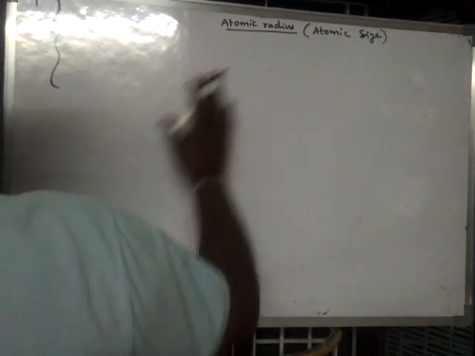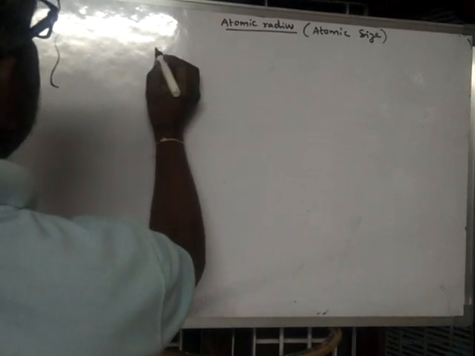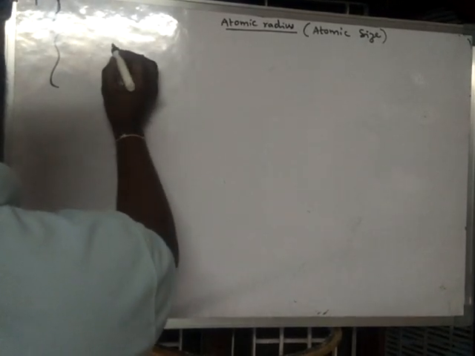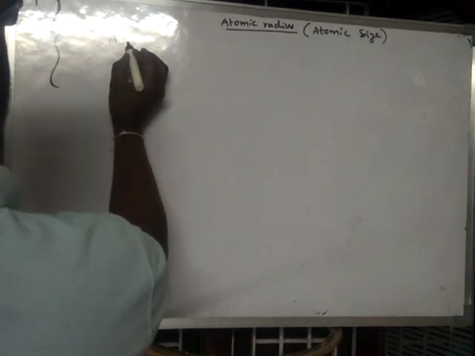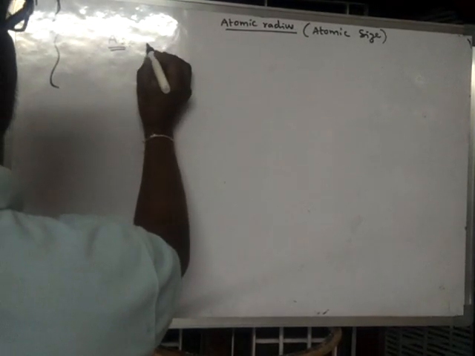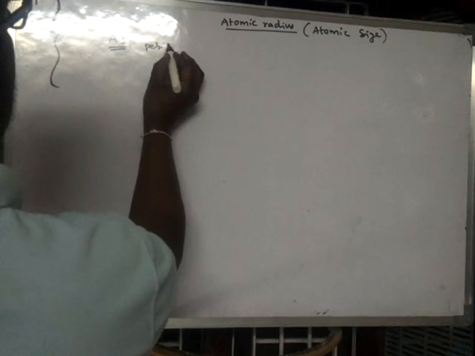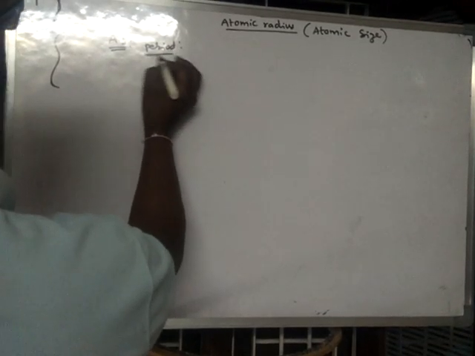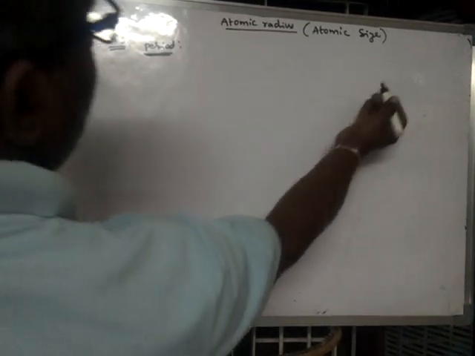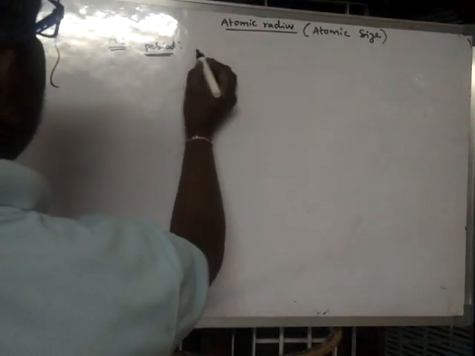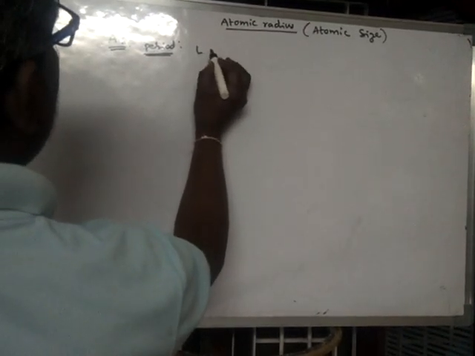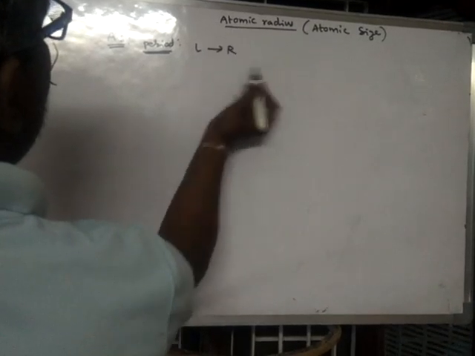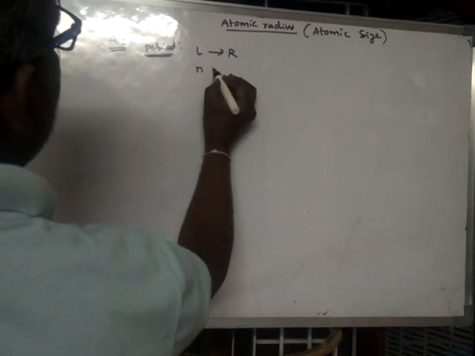That means we can just interchange the words. See, along a period what happens to atomic size? We have already seen that along a period from left to right, N remains constant.